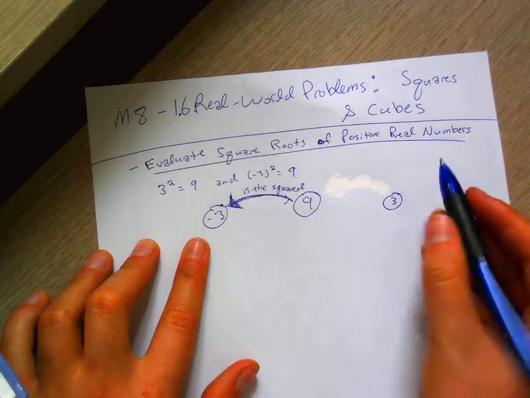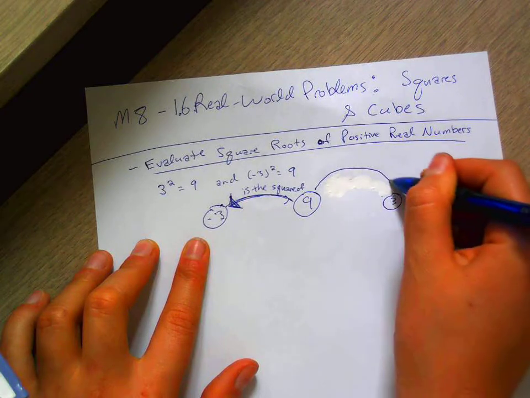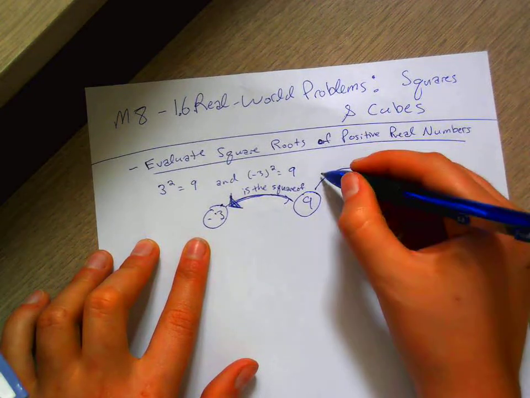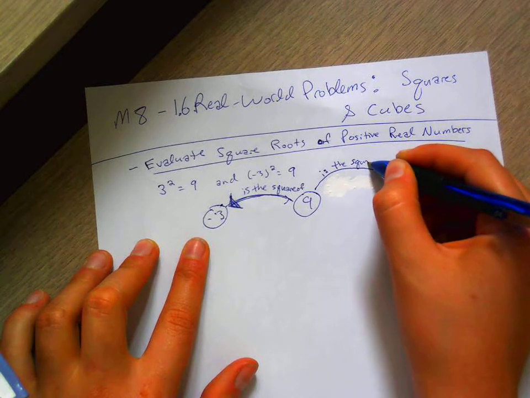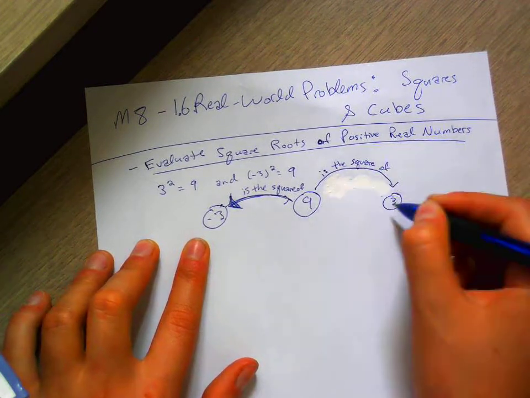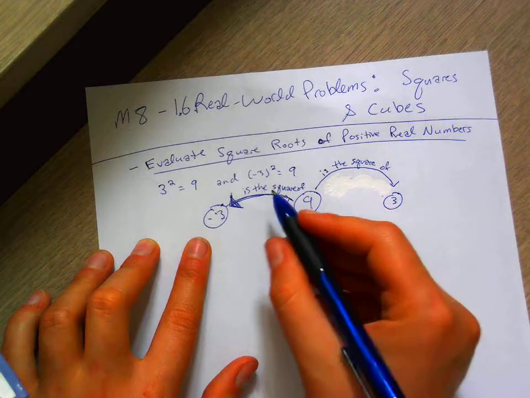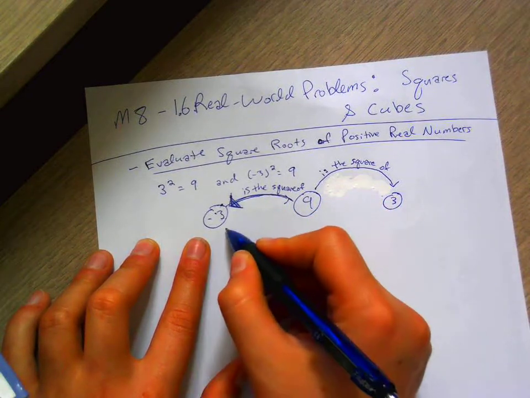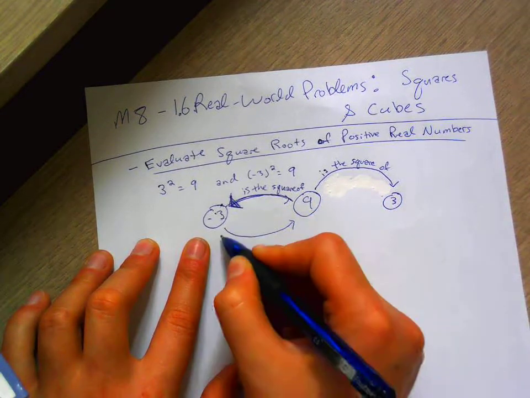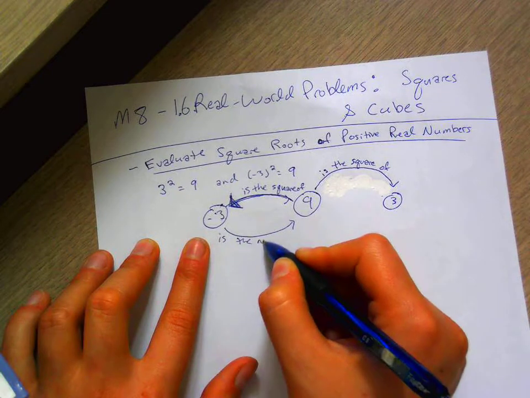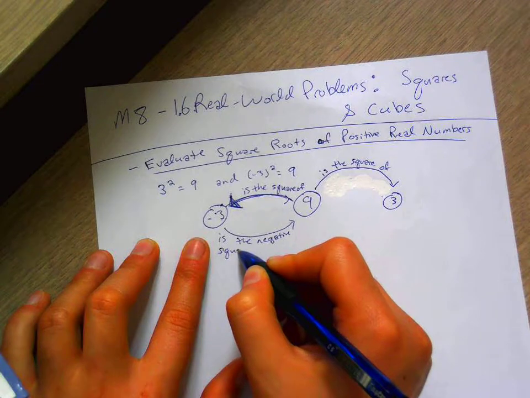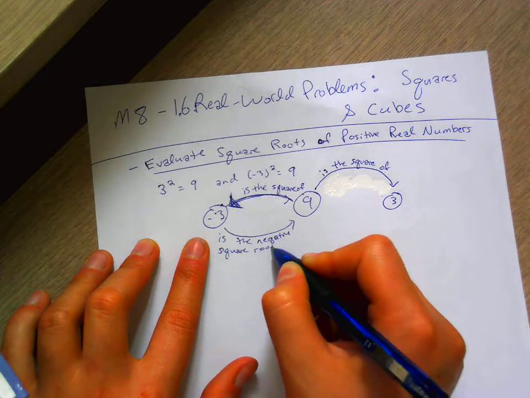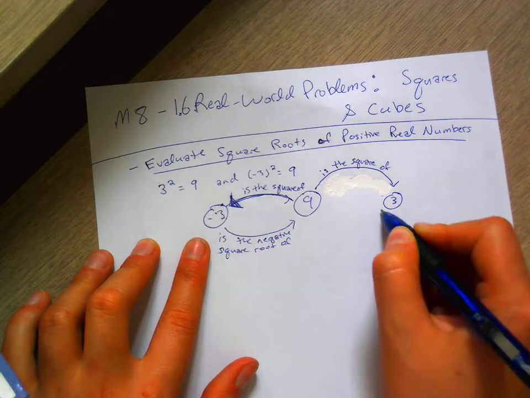9. If we are going this way, 9 is the square of 3. It goes this way too. But negative 3 is the negative square root of 9.